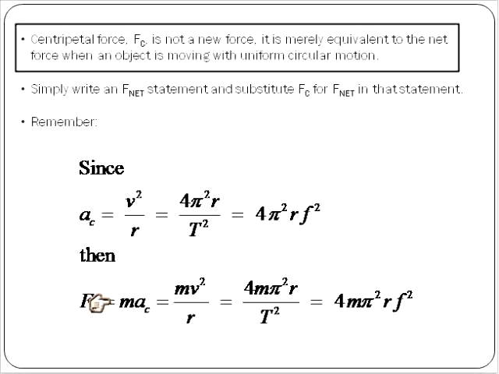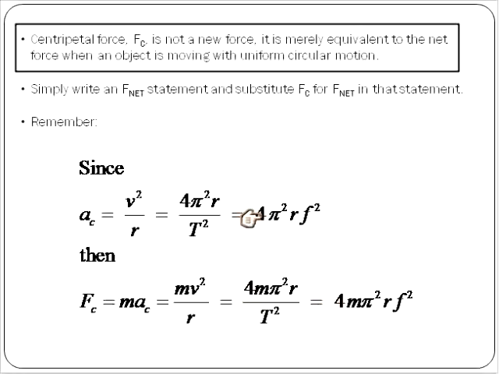Mass times acceleration is net force, and FC is a net force. It's also mv squared over r, or 4m pi squared r over t squared, the same as the expression up here, except for the addition of the mass m.